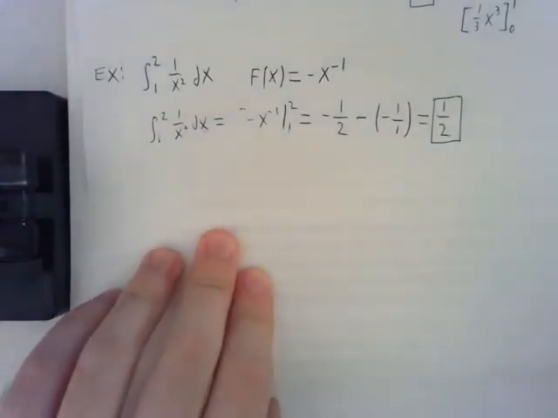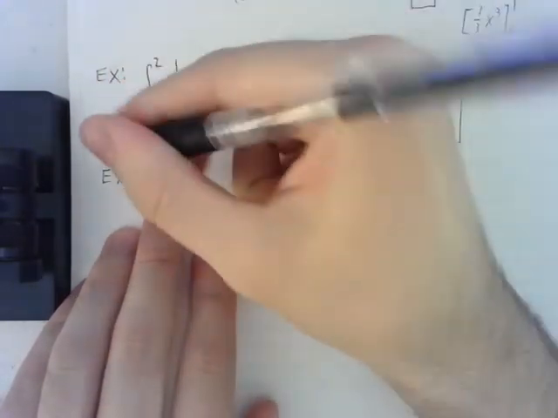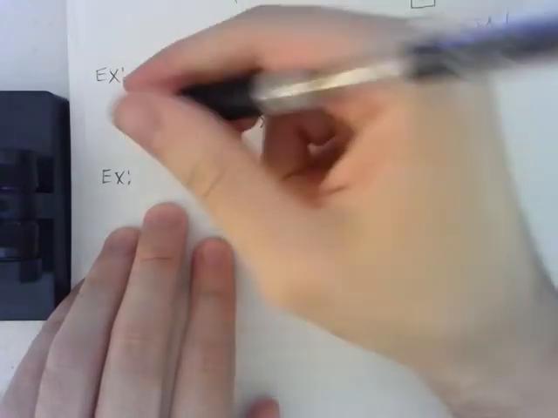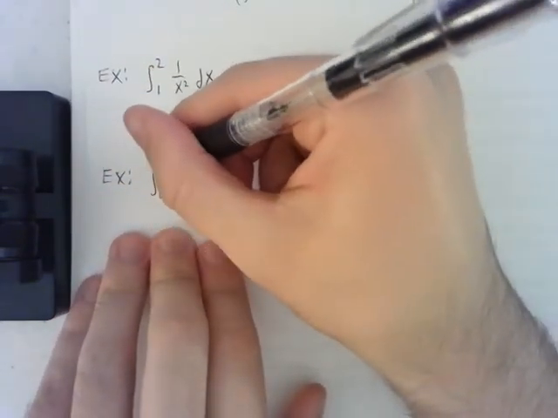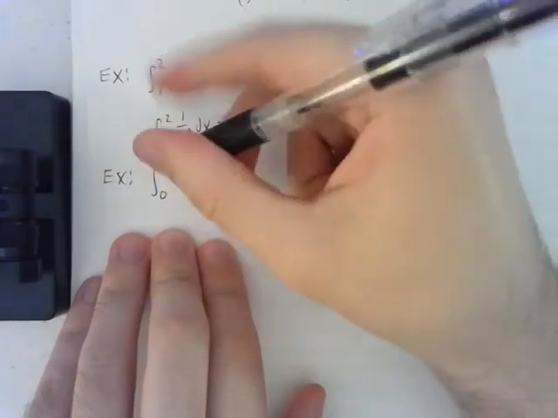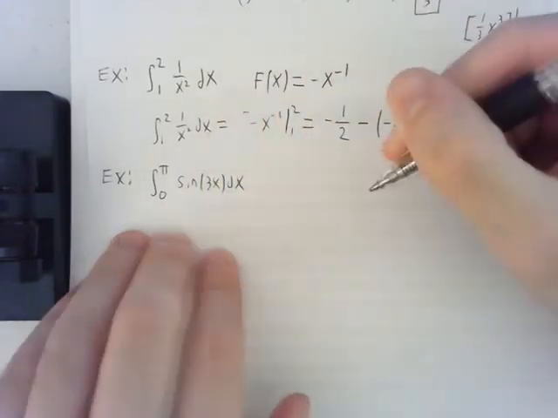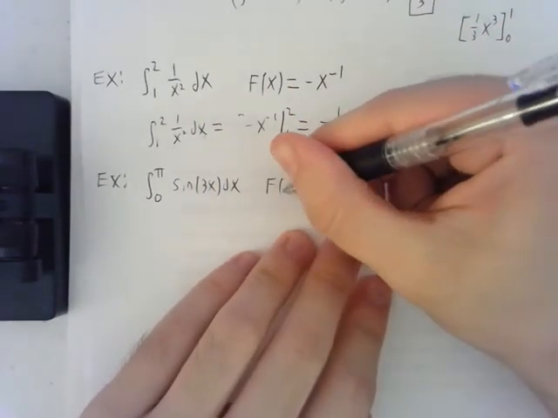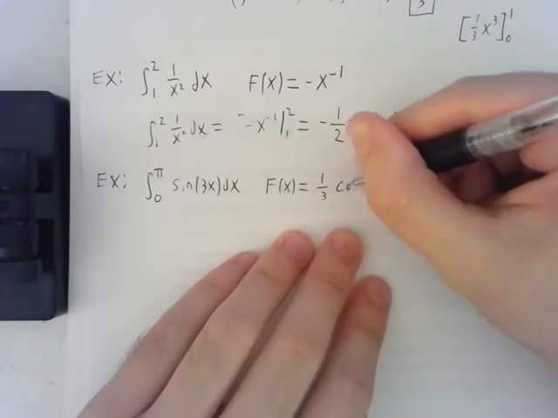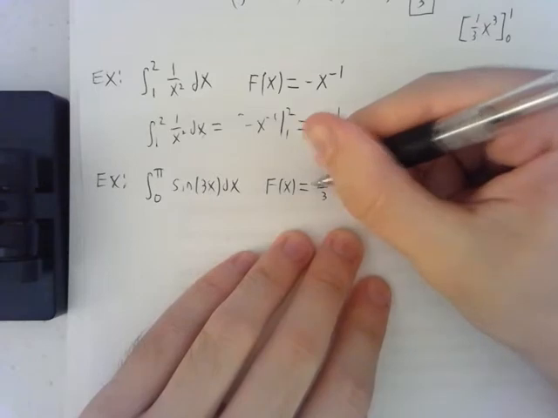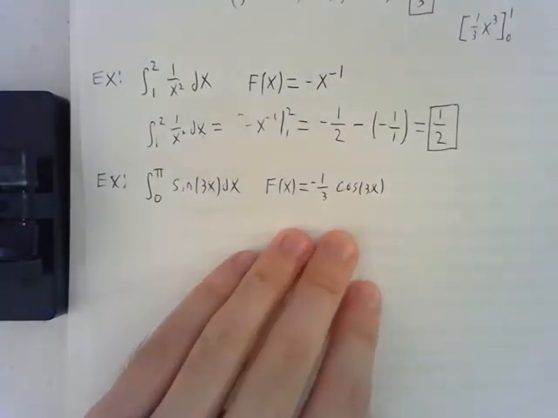Okay, so let's do just a few more examples so that you can get used to these sorts of problems. So suppose you want to find the integral from 0 up to pi of sine 3x dx. Well, the antiderivative of this function will be 1/3 cosine of 3x. And then because the derivative of cosine is minus sine, we need a minus sign out front here.